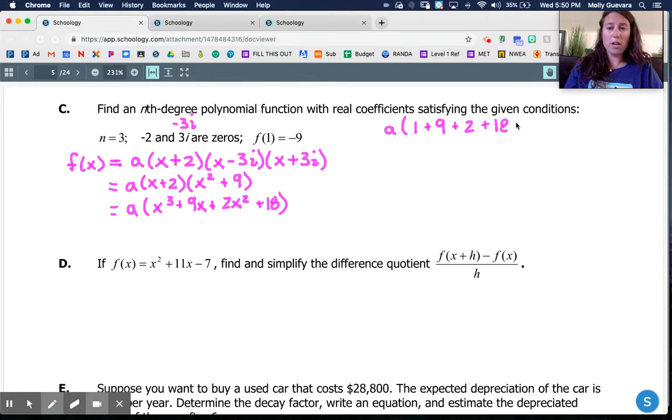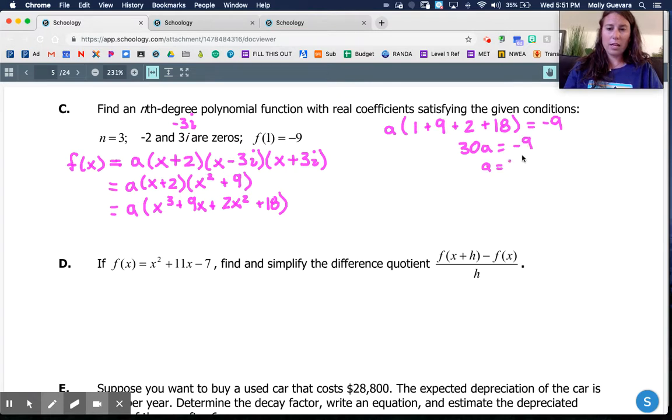So if I know that I plug in 1, I have to get out -9. And I'm just going to solve. So I have 10 plus 2, 18. So I get 30. So 30a is equal to -9.